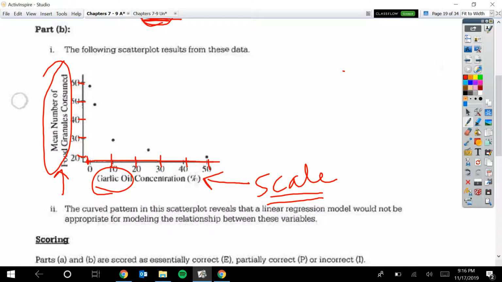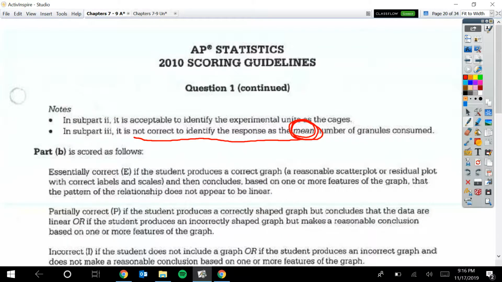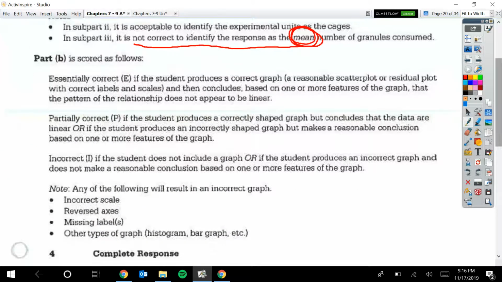And then the second question, asking about the appropriateness of the pattern: you can see that it is a curved pattern, and so a linear model is not appropriate for modeling this situation. Just FYI, they did accept if you graphed a scatter plot or the residual plot.